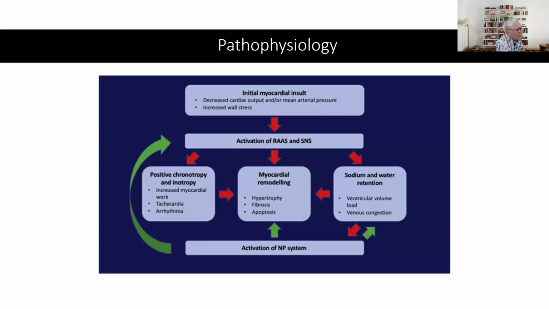So that's exactly what happens right over here when we said that whenever we have heart failure, there's going to be activation of the renin-angiotensin aldosterone system and the sympathetic nervous system. What does the sympathetic nervous system do whenever there is an insult or a decrease in the functioning of the cardiovascular system?